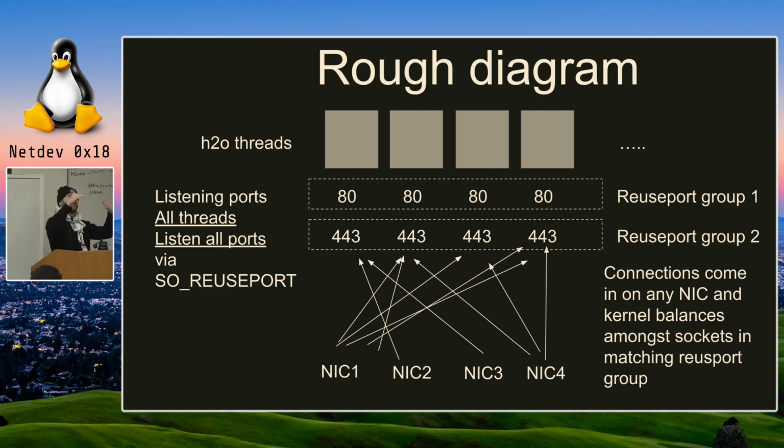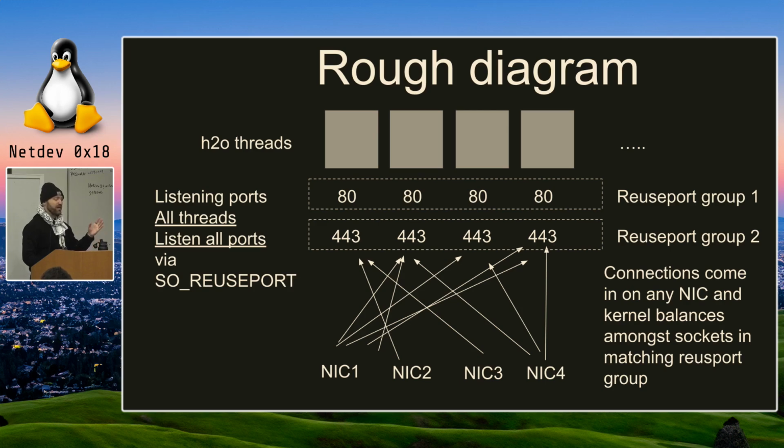All of these threads have file descriptors associated with port 80, and this forms a reuse port group in the kernel. Then these threads also have file descriptors listening on port 443, and that forms another reuse port group. Connections can come in from any one of 4 network interfaces, to any of these ports, and then they all get distributed by the kernel to the worker threads. That's the rough diagram of how the system worked before.